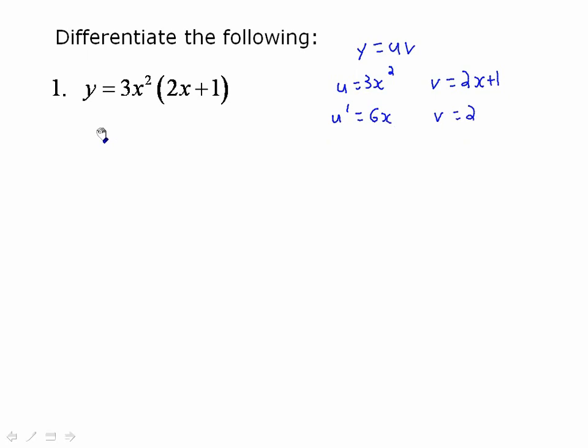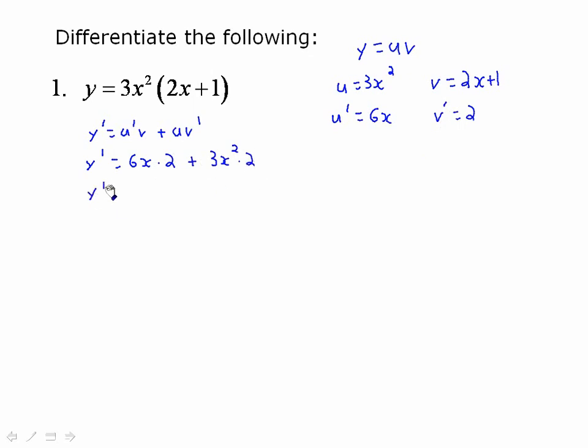And since we know that y prime is equal to u prime v plus u v prime, we now just make our substitutions. Y prime is equal to 6x times v, times 2, plus u, which is 3x squared, times v prime, which should be indicated as such, times 2.